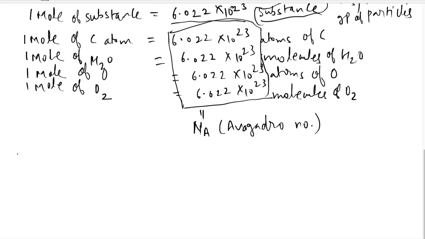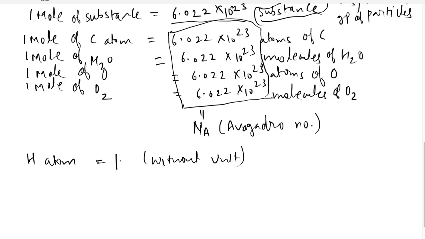Okay, so nowadays scientists have such sophisticated instruments that they can measure the mass of an atom or a molecule easily, but earlier there were no such techniques. So in the initial days, they thought, okay, hydrogen is the lightest element, so let's consider the mass of one hydrogen atom as 1 without unit.